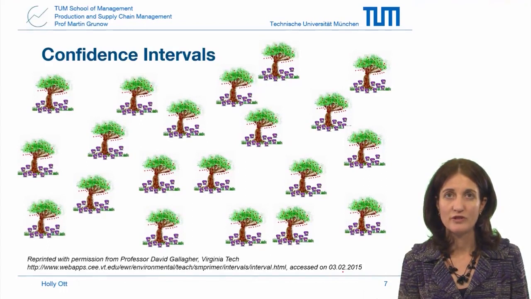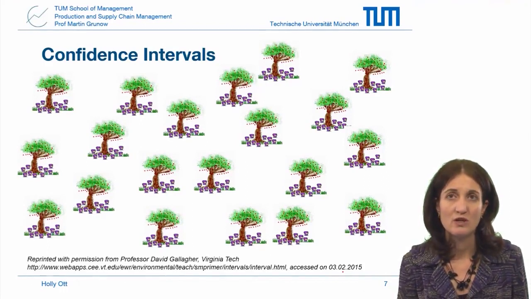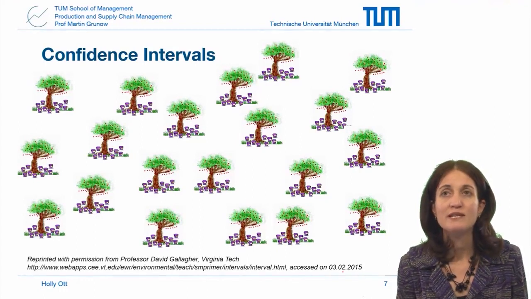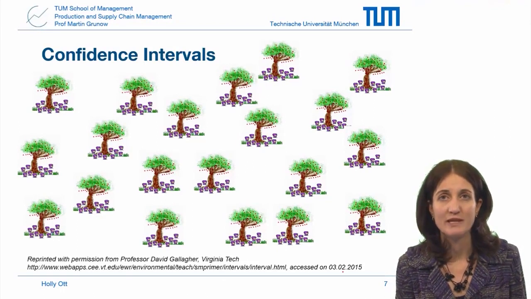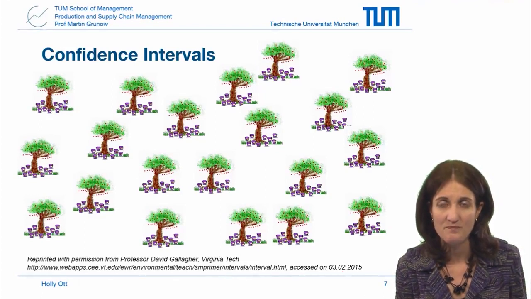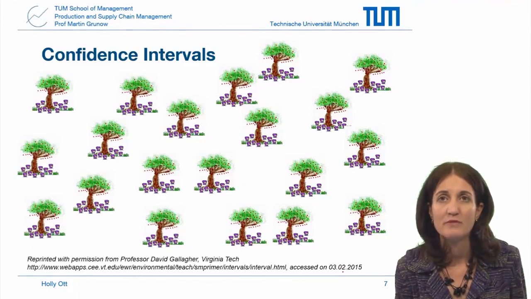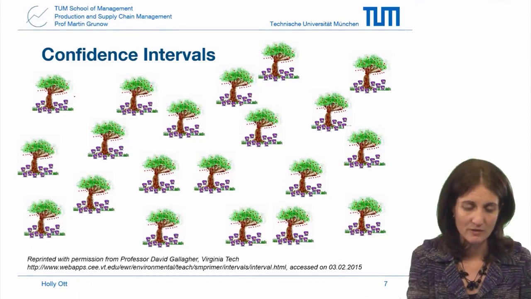So here's our orchard. What does this mean? We have 20 trees in our orchard. If we take a sample from a particular tree, meaning taking a sample of n equals 10 buckets from that tree to determine the average number of apples per bucket from the population, we can construct a confidence interval for the population mean based on that sample from that tree.